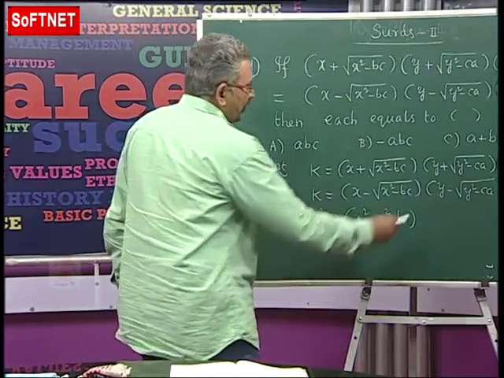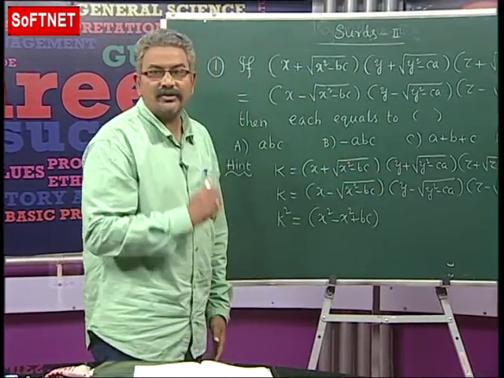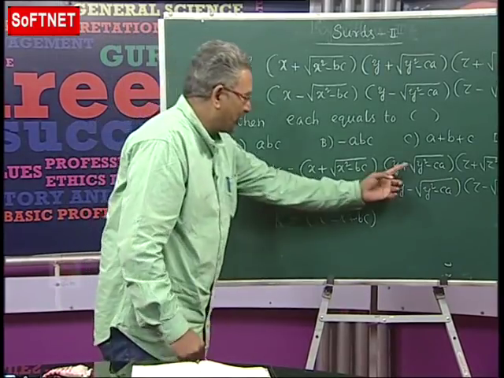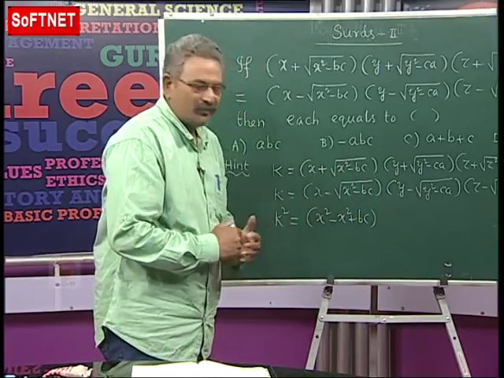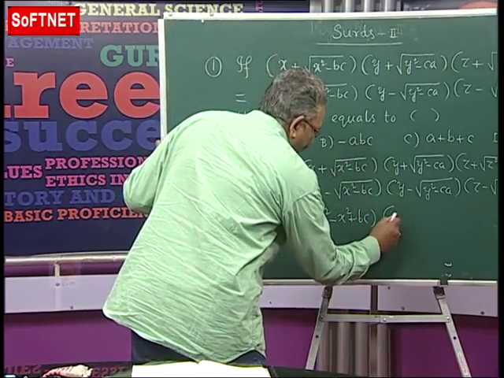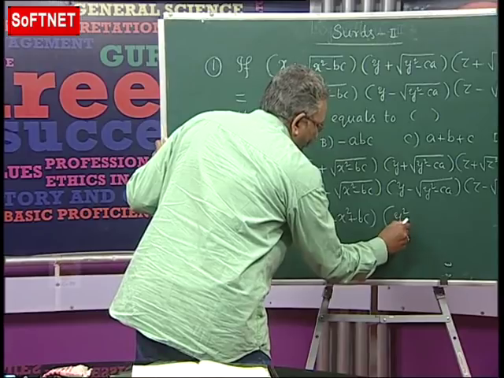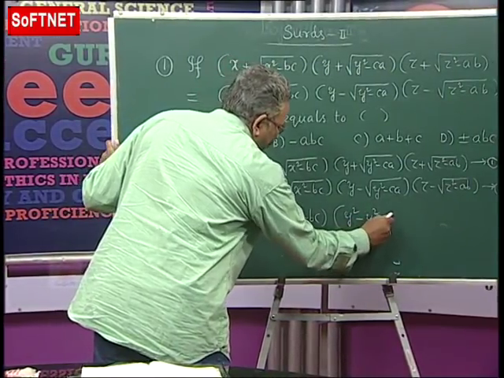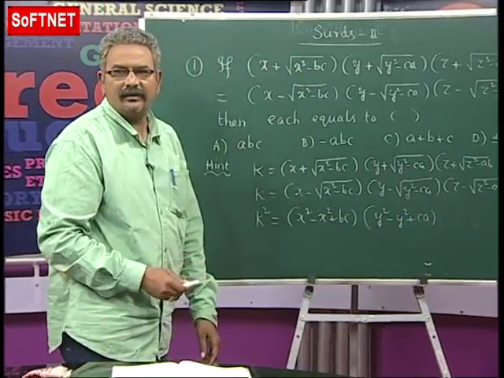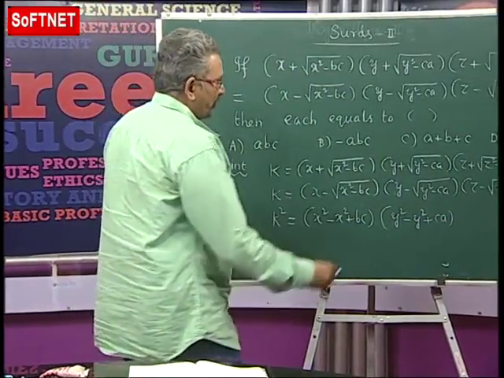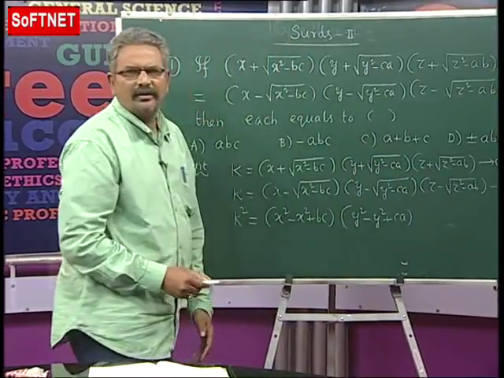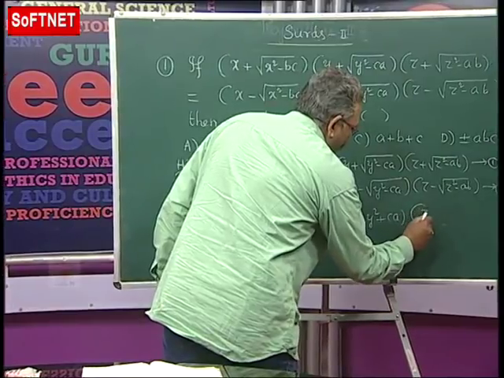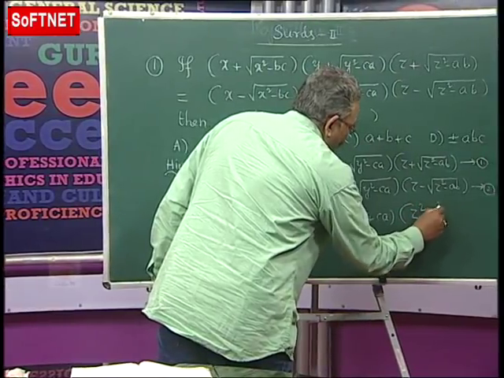So now if you multiply these two, what shall you get? Let us observe it. We get y square minus of y square minus ca, that is minus y square plus ca. Now product of these two, easily we can write it: z square minus z square plus ab.